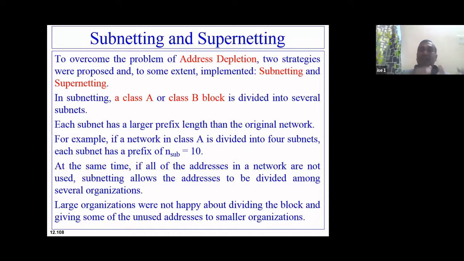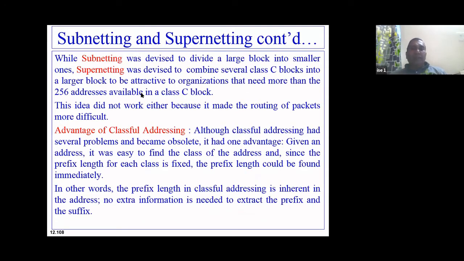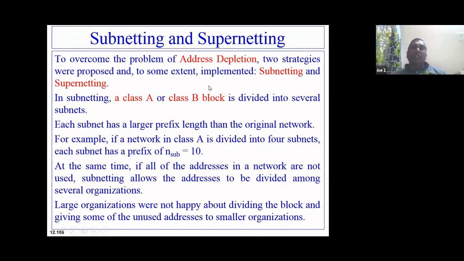So IP addresses start falling short. So now how can I increase the address size? If I want to increase the address size, I have to increase the number of bits. You got the idea?